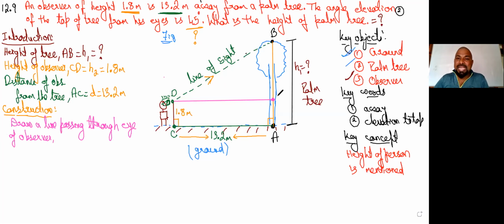A, B, C, D, and E. You can label it here itself. Draw a line DE passing through the eye of the observer. Where is it meeting? Meeting line AB at E.